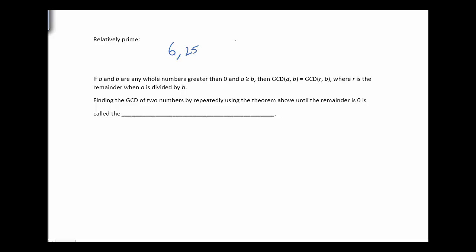The factors of 6 are 1, 6, 2, and 3. And the factors of 25 would be 1, 25, and 5, right? Do they have anything in common? They don't. Notice that the only factor they share is the 1. So as far as they're concerned, they're prime to each other.